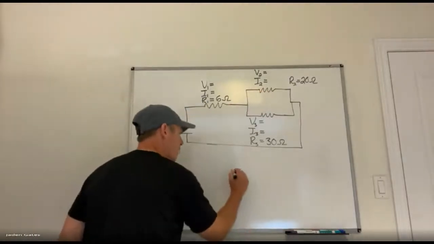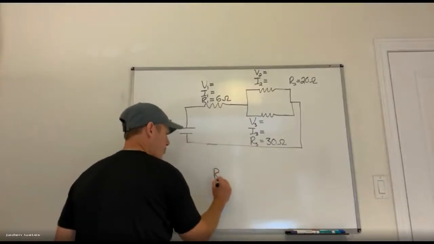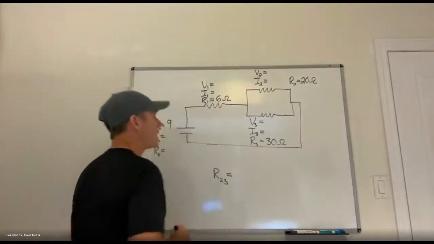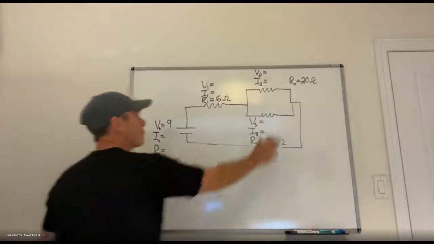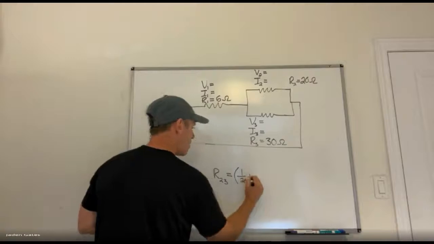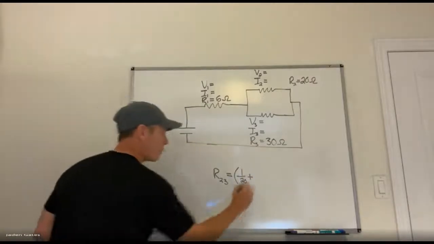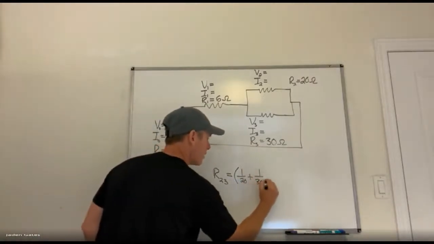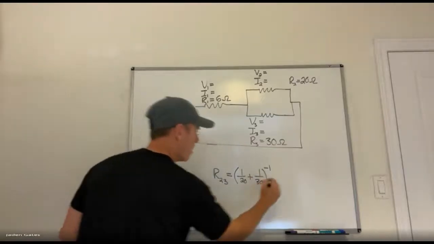I'm going to find what's called R23. Because they're in parallel, I'm going to have 1 over 20 plus 1 over 30, all to the minus 1.